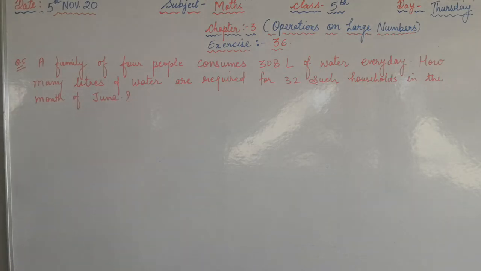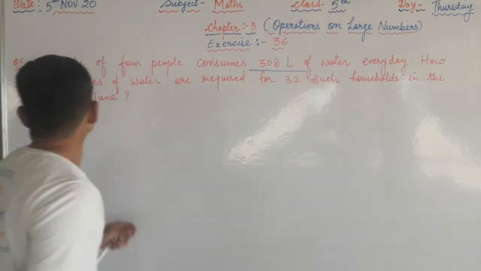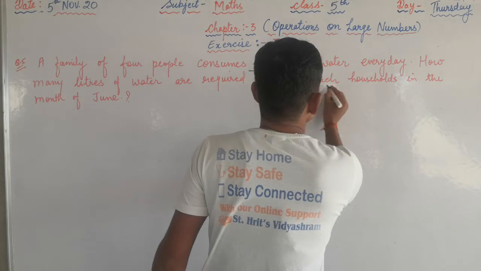Okay. A family of 4 people consume 308 liters of water every day. How many liters of water are required for 32 such households?